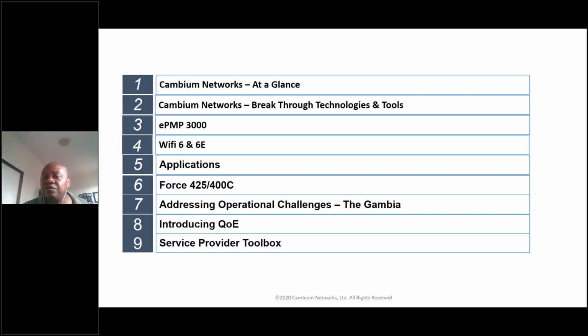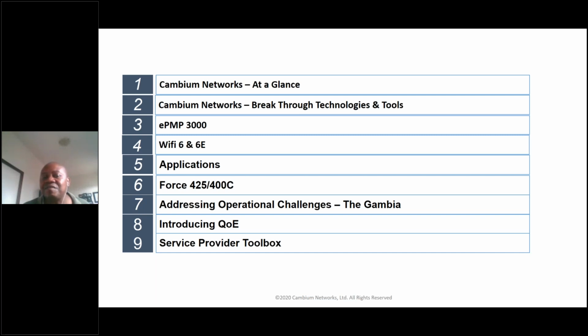Then I'll give you an eagle's view of what is in the portfolio in terms of the technologies, the platforms, and the tools. And then we'll dive into what we call the EPMP 3000, which is our affordable point to multi-point platform.